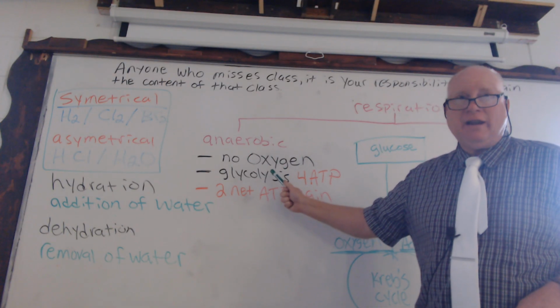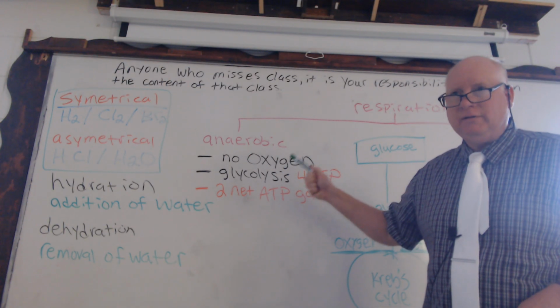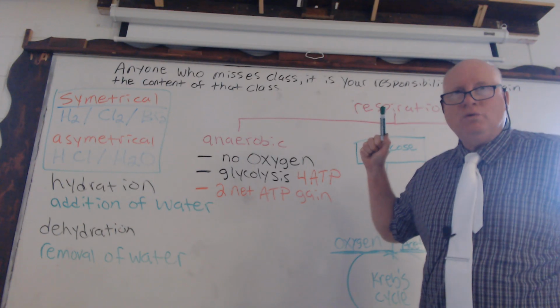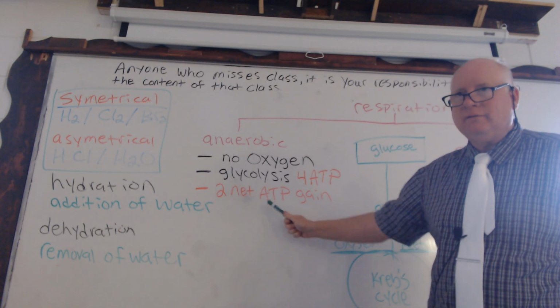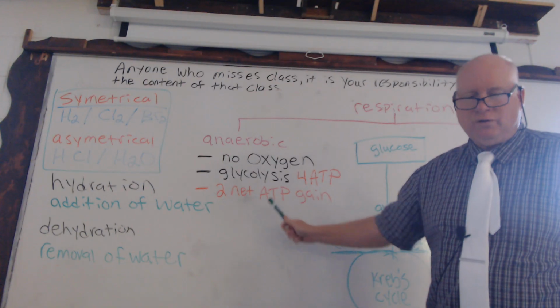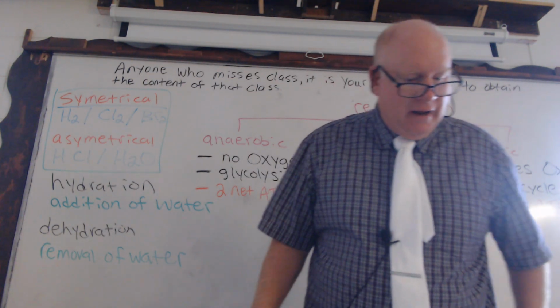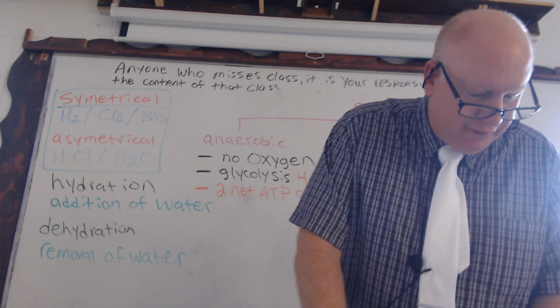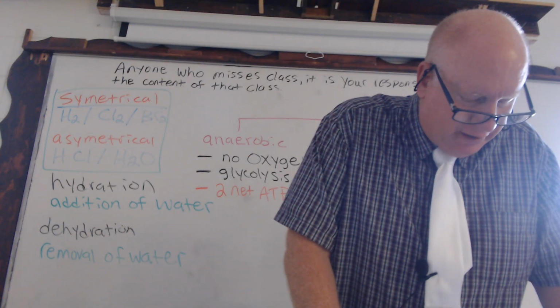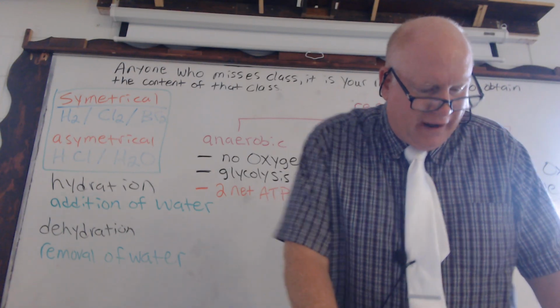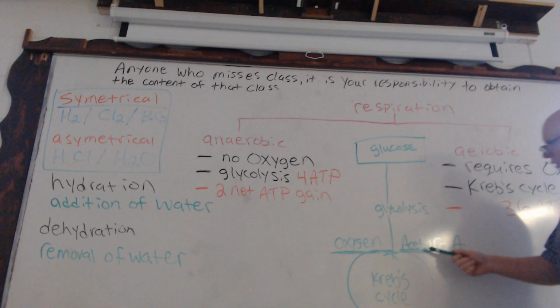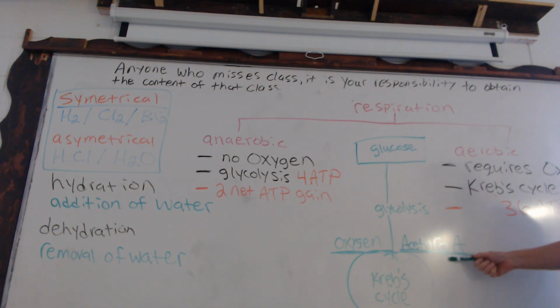Now the net, not the overall. How many do we get from that? Just this, only 2. Now, when you look a little further down, it says acetyl coenzyme A. So that is required for this to enter the Krebs cycle.